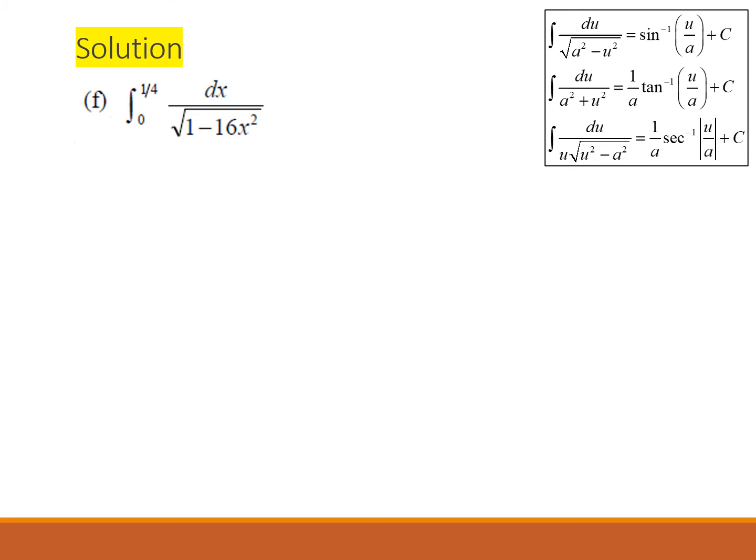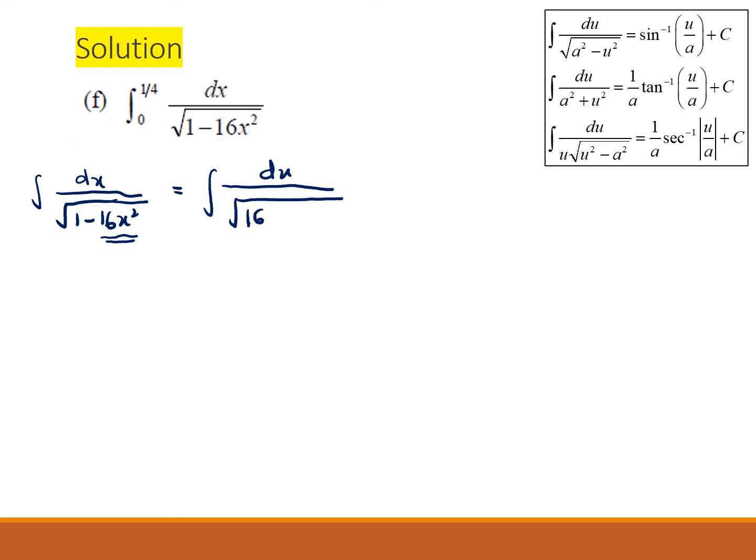Okay, first we solve without the interval, where we have dx over square root of 1 minus 16x squared. As I said earlier, we have to make sure that the coefficient of x squared is equal to 1. In order to do this, we have to take 16 out, but still inside the square root.